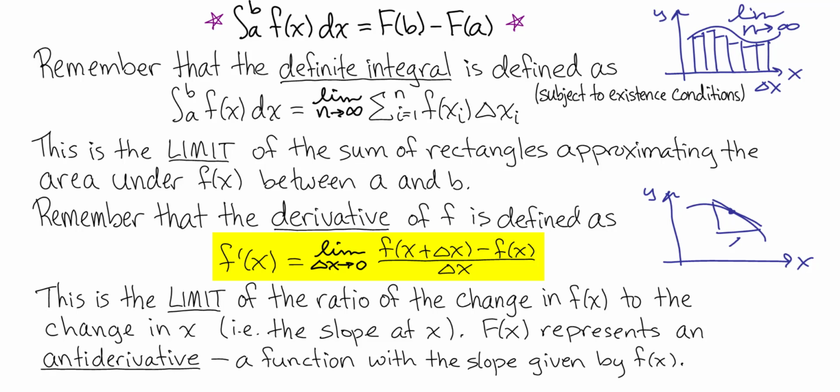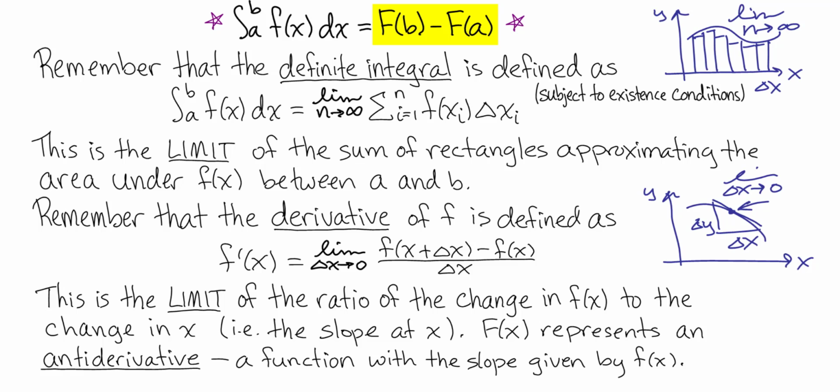We can calculate the slope approximately looking at the change in y over the change in x. But to calculate the slope exactly, we do that with a limit. The limit as delta x approaches 0. A derivative is defined as a limit. It's the ratio of the change in f to the change in x.